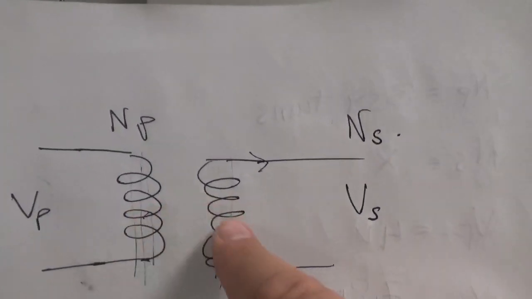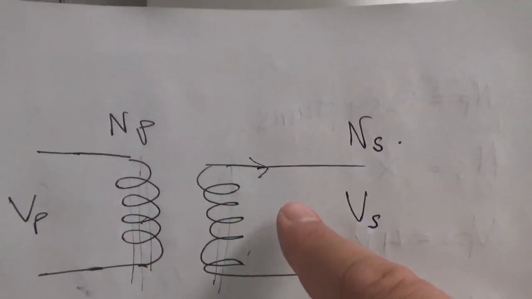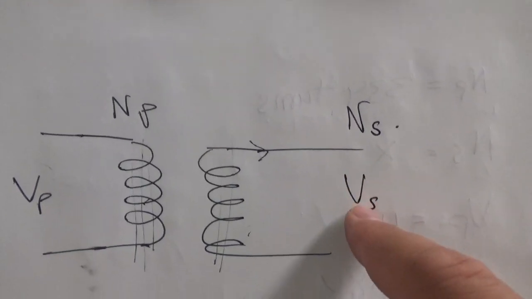And the number of turns can dictate the output voltage, as I showed you.